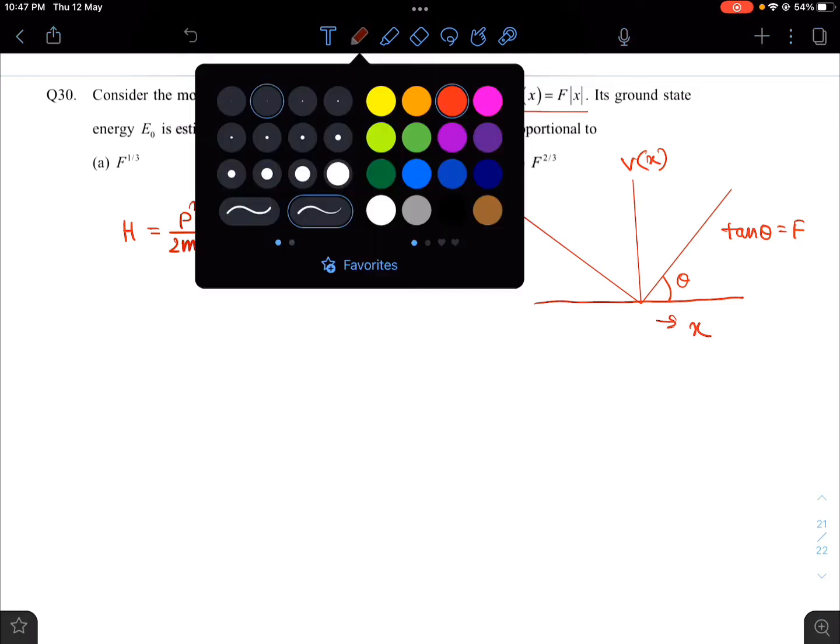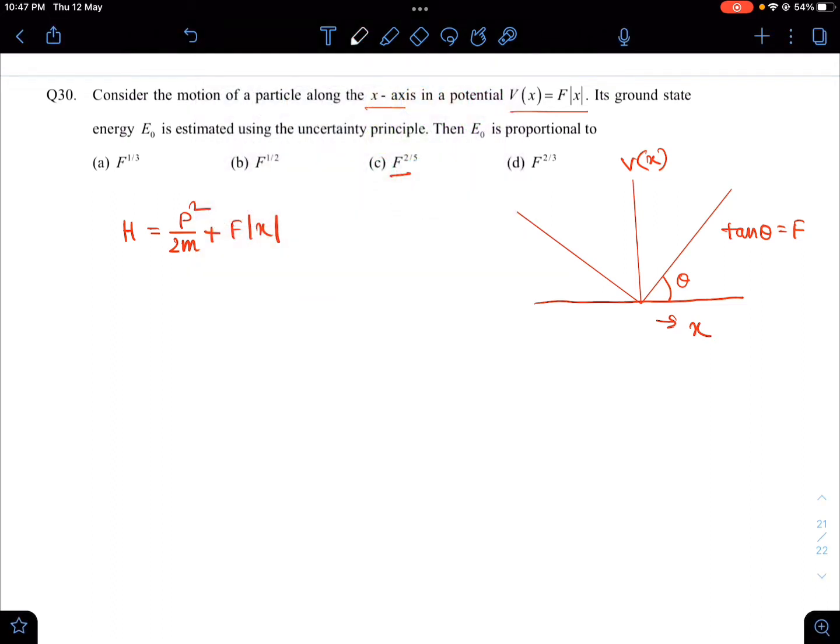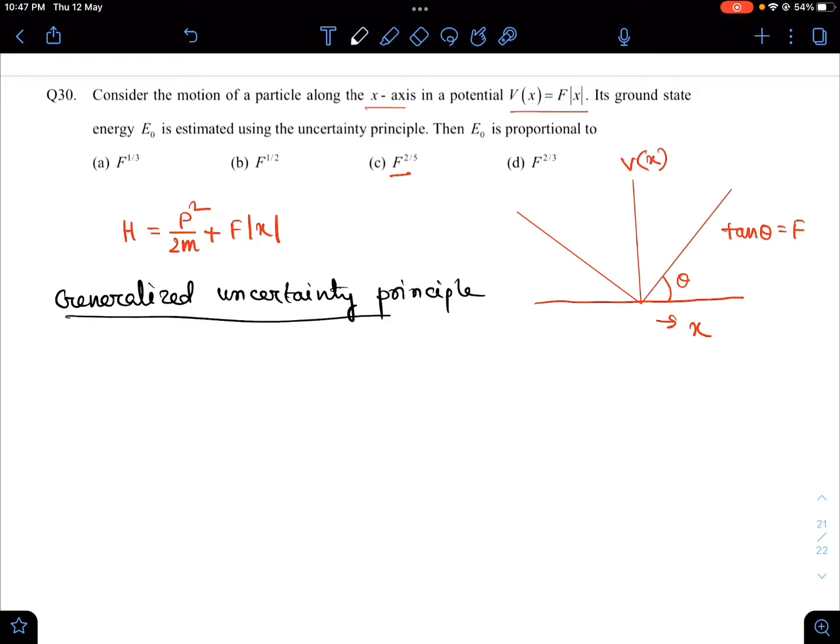So first of all we have to know what the uncertainty principle is. Let us discuss the generalized uncertainty principle. What is this?